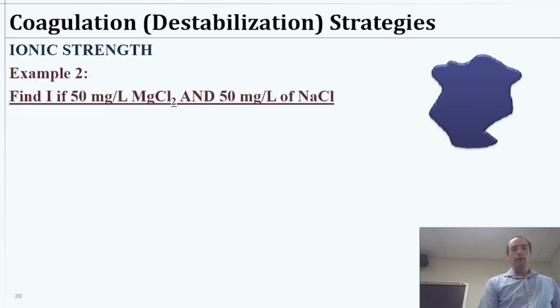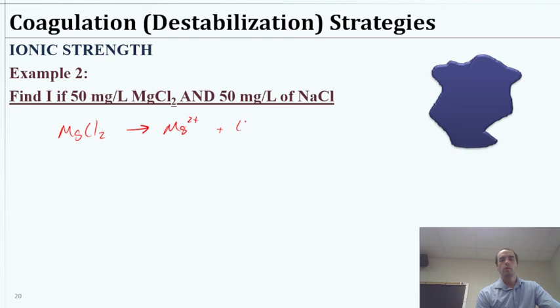Okay. If you'd like some more practice, here's another one. It gets slightly more complicated here, and sometimes I do this to remind you that, okay, in this case, we have the same stuff we just saw going into solution. But we also have sodium chloride adding sodium and some more chloride.